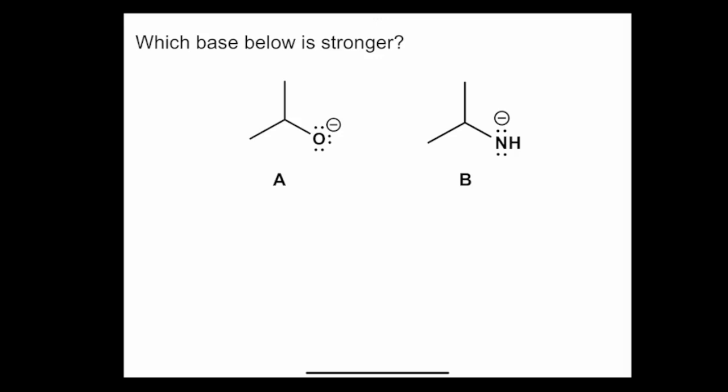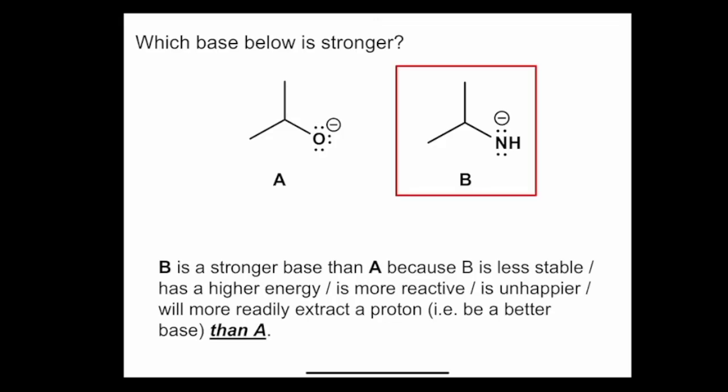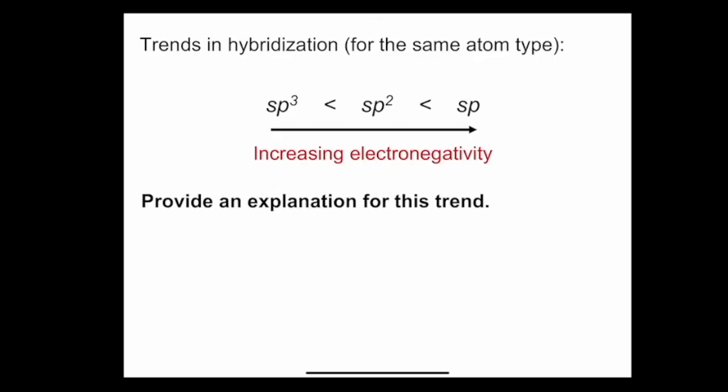Towards A. So which is the stronger base? The thing you moved away from, B. B is a stronger base than A because A is a more stable ion compared to B. So the stronger base here will be the thing you are moving away from, the less stable species. This is where this nomenclature is important because it allows us to identify these.